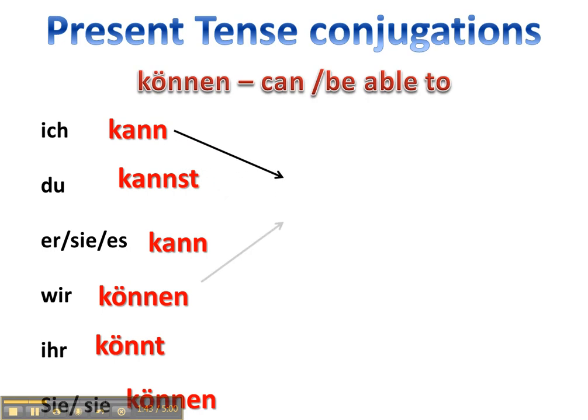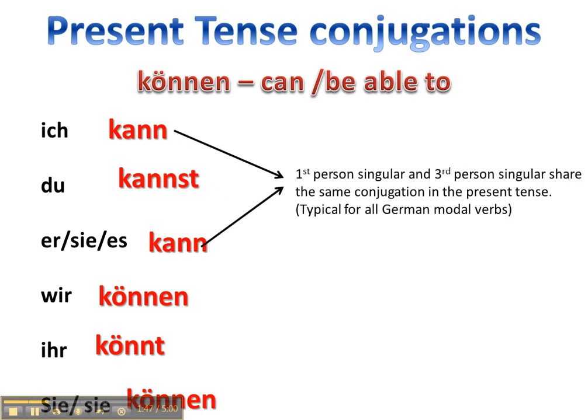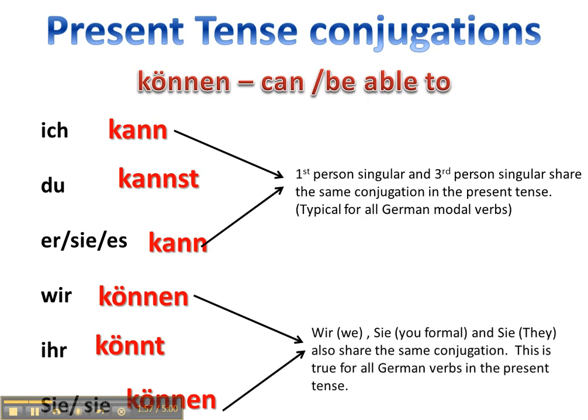You'll notice that the first person singular and the third person singular is the same. This will be true for all modal verbs. Another thing to look at is how the conjugations for wir and sie are also the same and reflect the same as the modal verb infinitive form, which was können. This is true for all German verbs in the present tense.